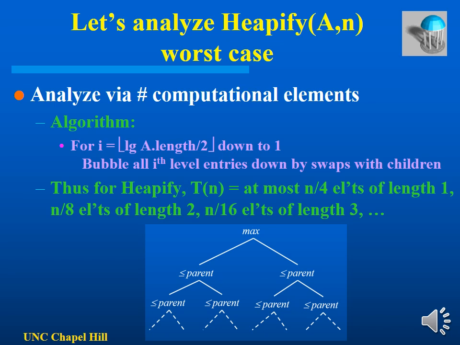Then n/8 times, because there are n/8 elements in the next level up, but they require the computational element to be applied length 2 times. Then n/16 applications at the next level up, and each of them requires at most 3 applications of the computational element, and so on.